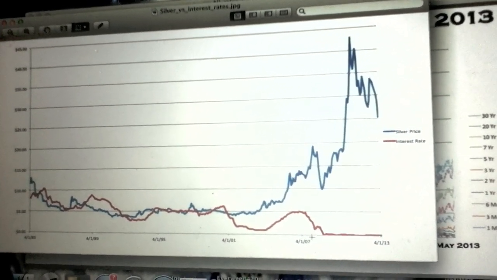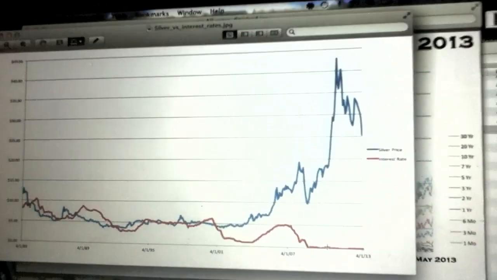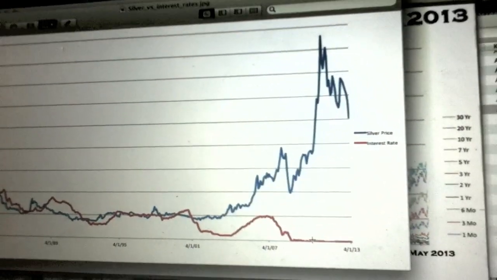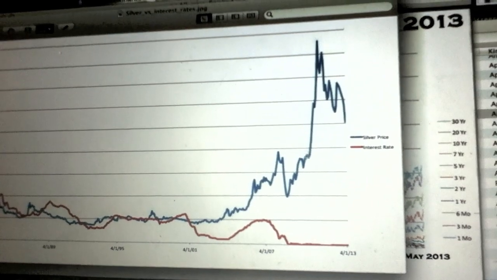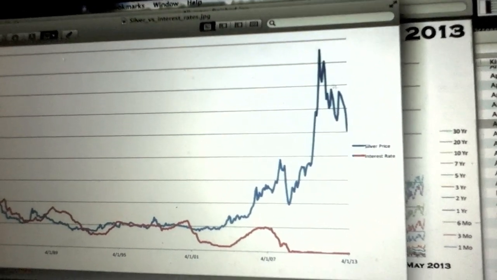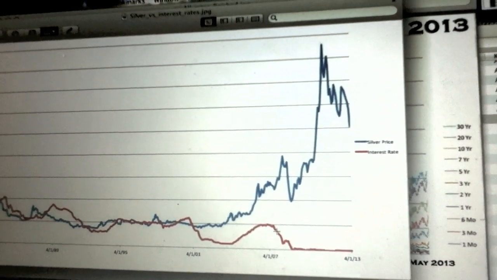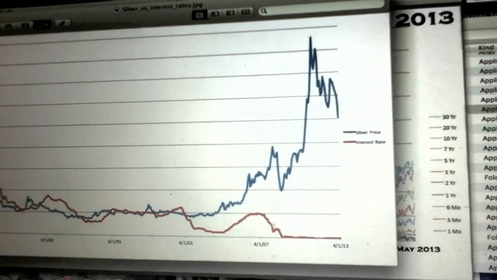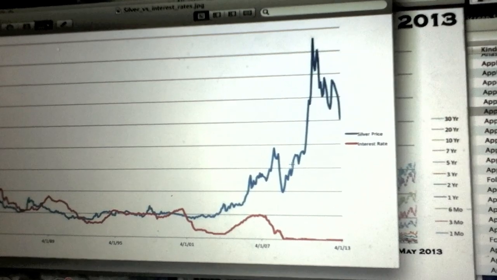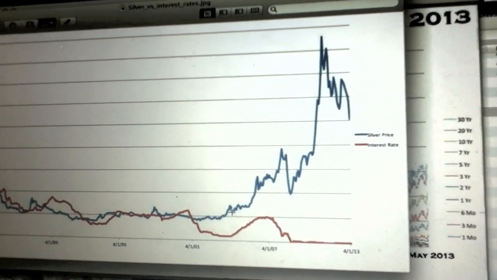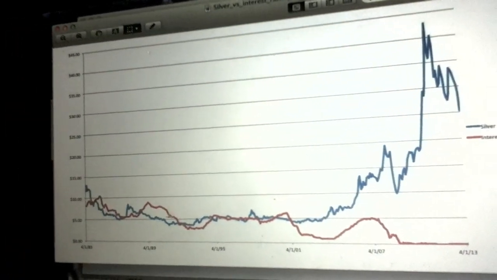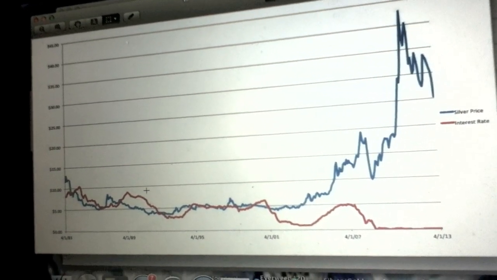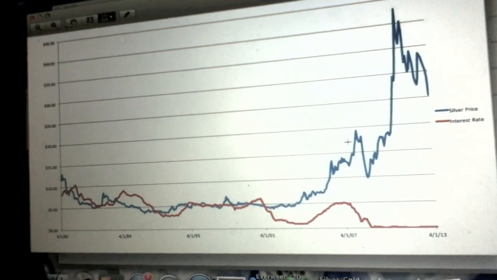This is completely unnatural, totally unsustainable, and the lower interest rates are part of the cause of why the silver price is rising, but it's a delayed type of effect. So these prices are rising likely because of things that the Fed did back here, like this lower little drop here could have caused this rise.